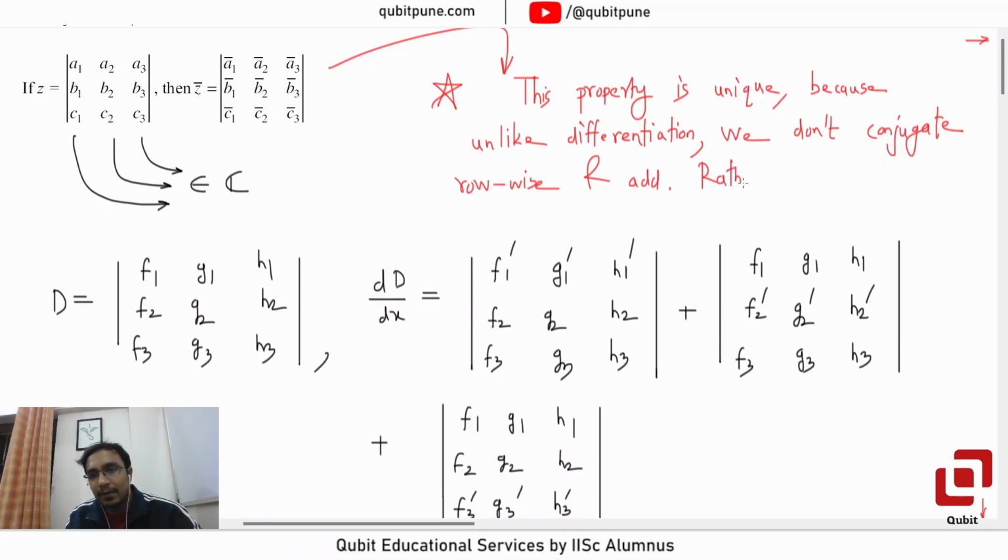Rather, we conjugate the whole determinant. Okay, we conjugate the whole determinant. Is that clear? Well, the result is easy. The moment you see the result, you get to know what it is telling. But because it is something different from what we know about the derivative of a determinant, I included it.